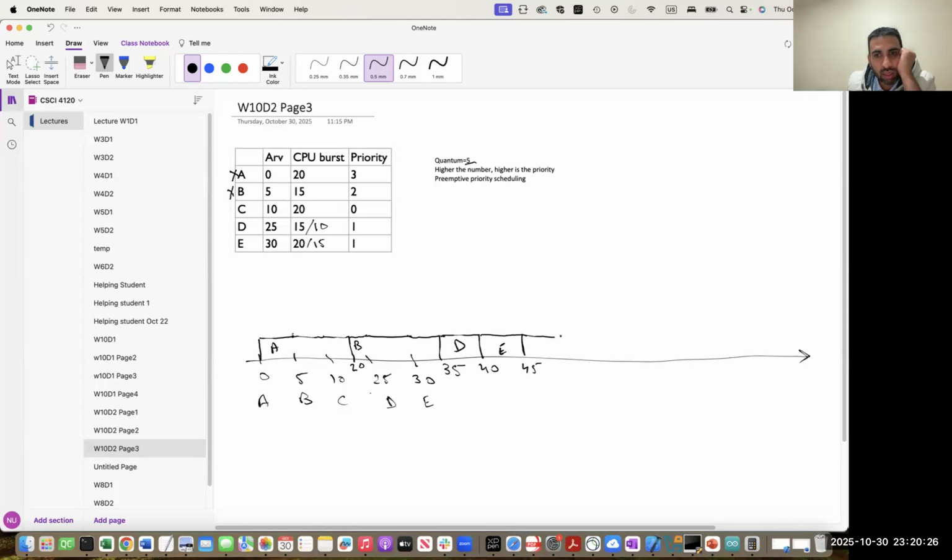Then D runs again, and its remaining time is now 5. Then E runs again, and its remaining time is now 10. Then D runs again. Its remaining time is now 0, and we are done with D. Now we check who has the highest priority among C and E. E has the highest priority, so it continues for 10 time units.